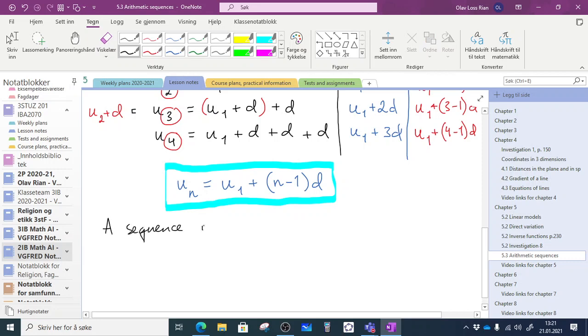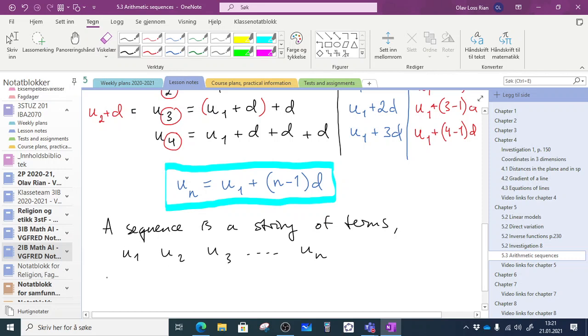So a sequence is a string of terms, U1, U2, U3, etc., all the way up to how many we want. So that's a sequence.